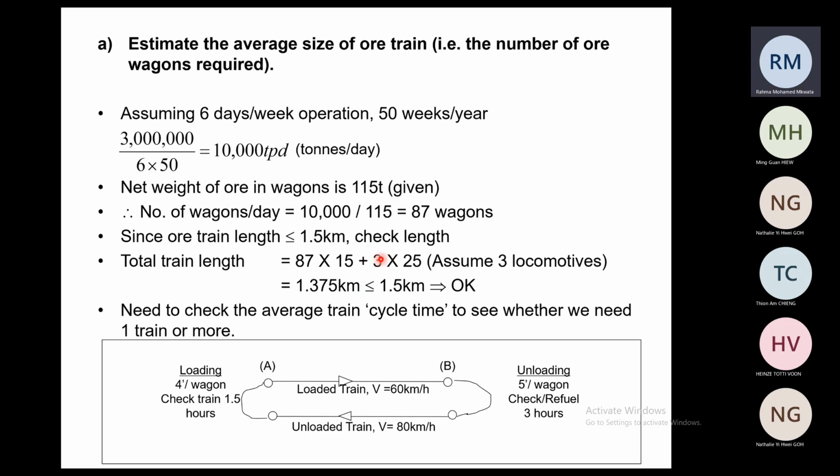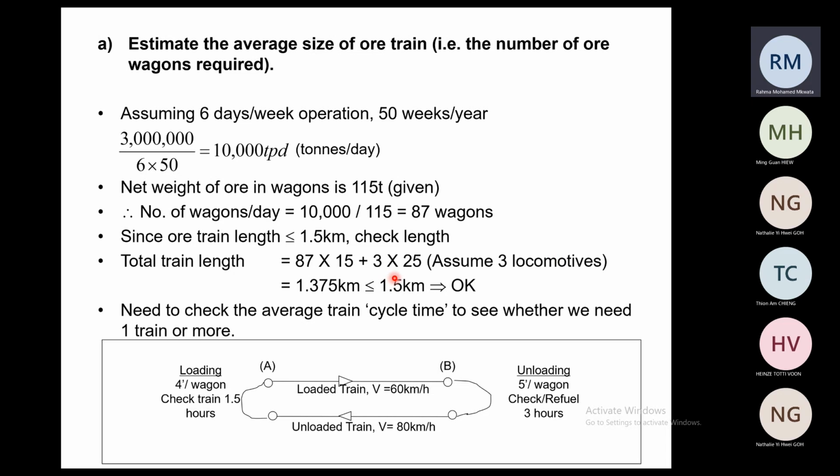If you determine that you need 4 locomotives, you have to change this to 4, calculate again, and see if it fulfills the 1.5 kilometer length.